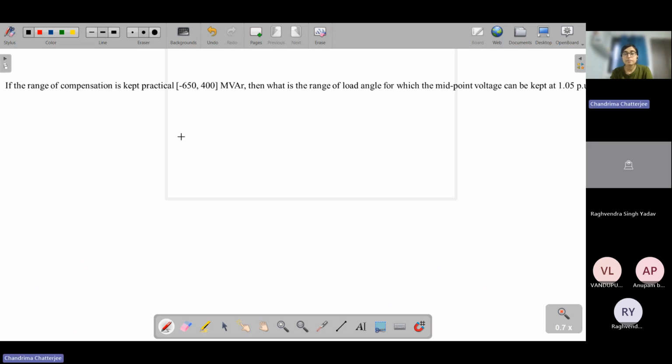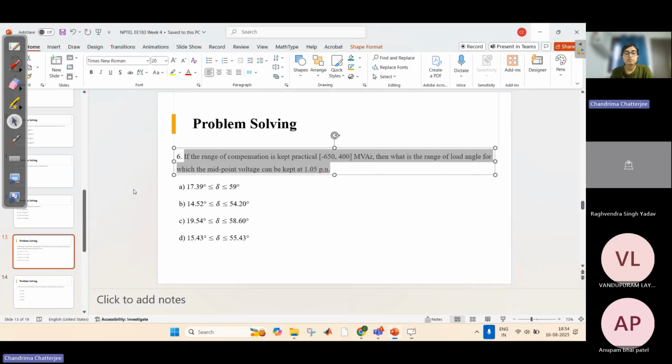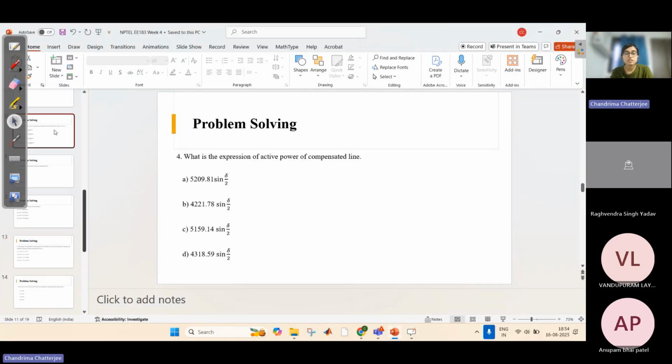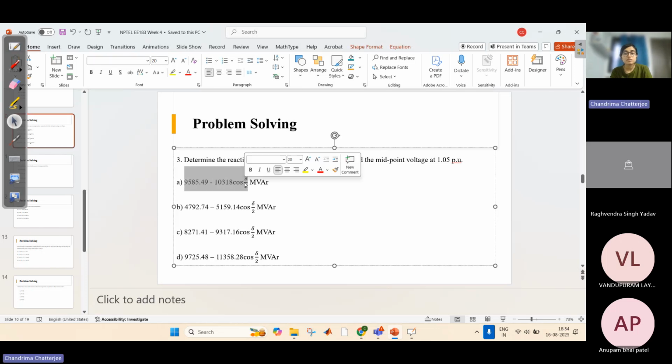Now this is very simple again. We already know the reactive power expression, right? You just need to equate this value and this value and find out delta. So the QC expression we found out, we need to copy it again. Yeah, so let's see.